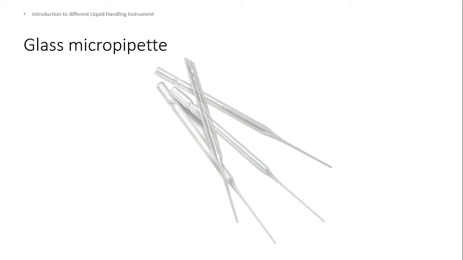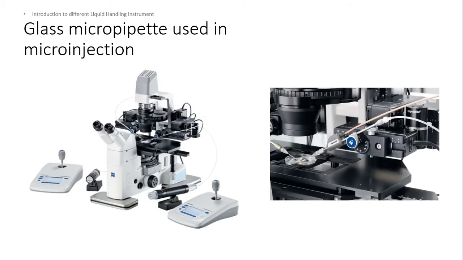I have a picture here of a microinjector. If you zoom in, you can see that the glass micropipette is attached to the microinjector. This glass micropipette interacts with the cell or any organism that you are operating with.